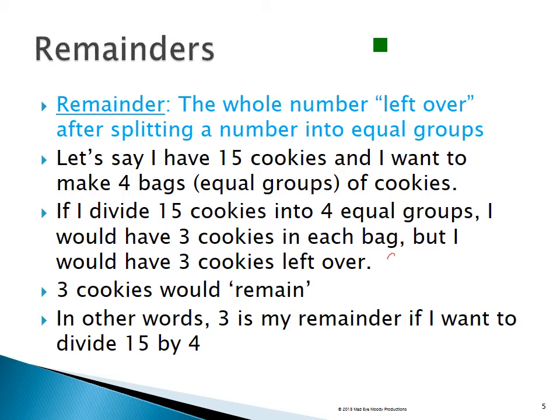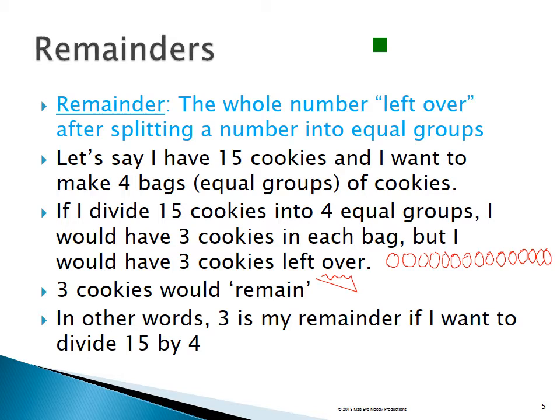So let's say here's my cookies, 1, 2, 3, 4, 5, 6, 7, 8, 9, 10, 11, 12, 13, 14, 15. And I am going to have 4 equal groups. So I'm going to have my first bag. There's one.